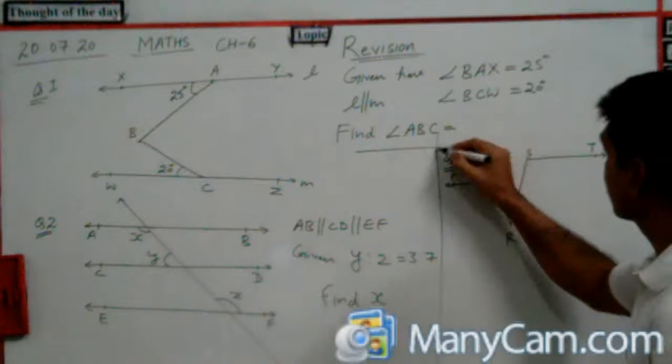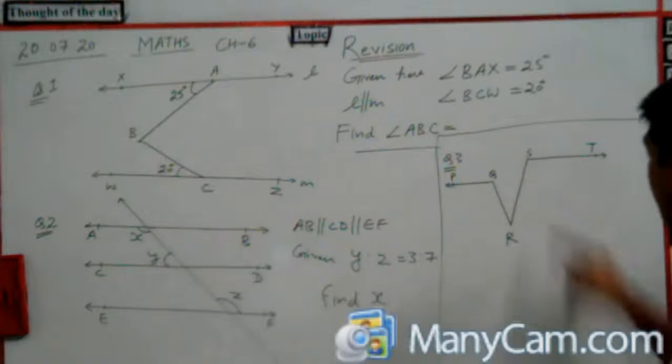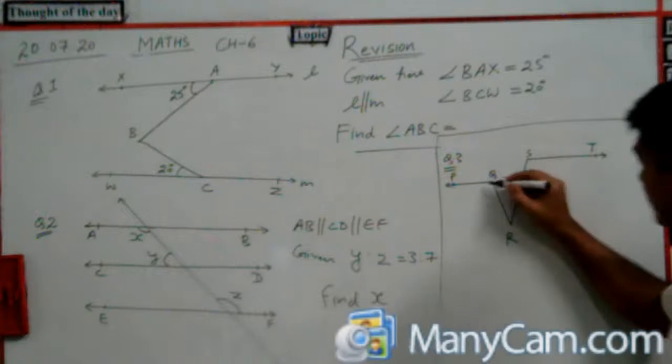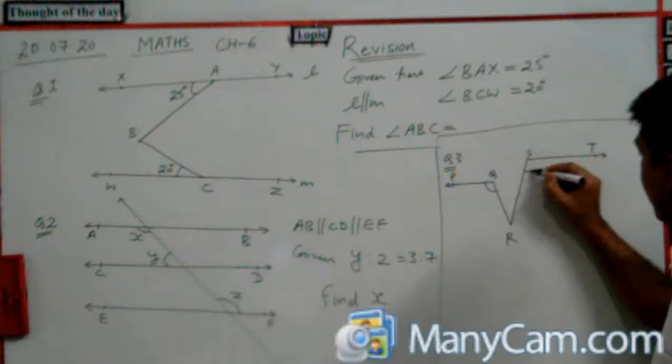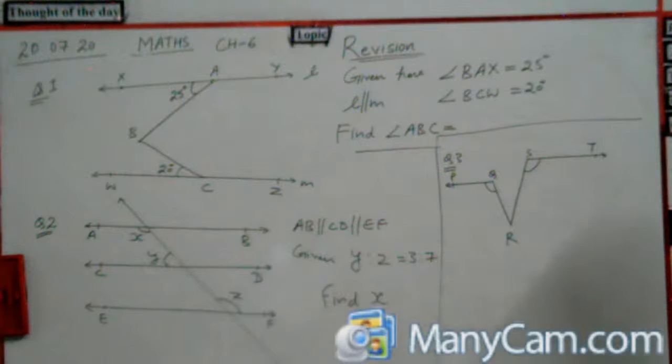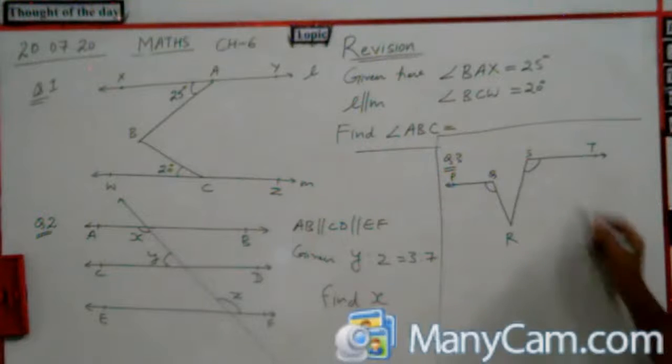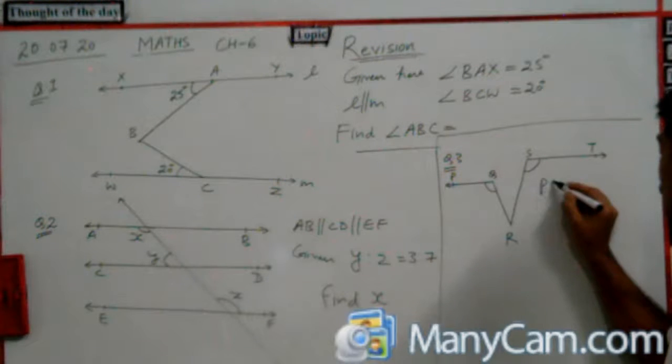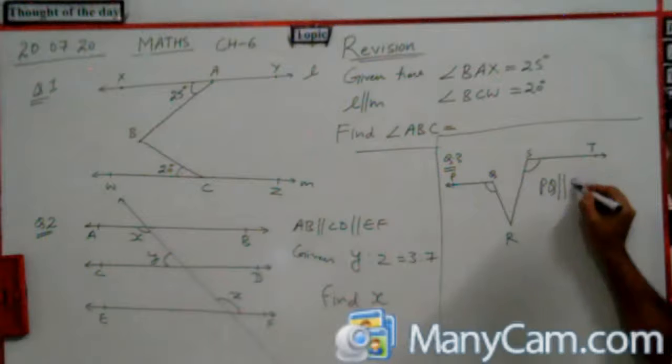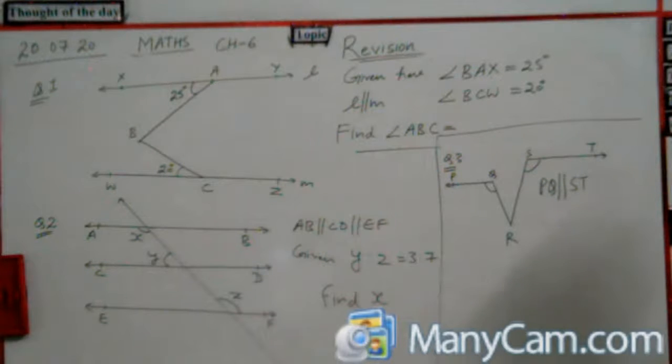Right? So what we have? This angle is given and this angle is given. We have given that PQ is parallel to ST. Given here PQ is parallel to ST, right?